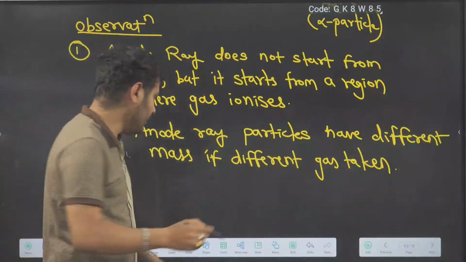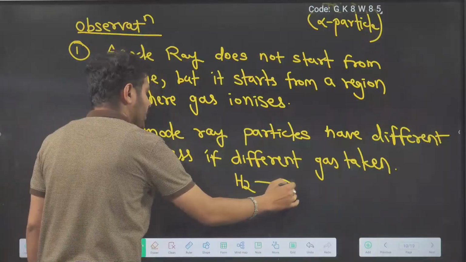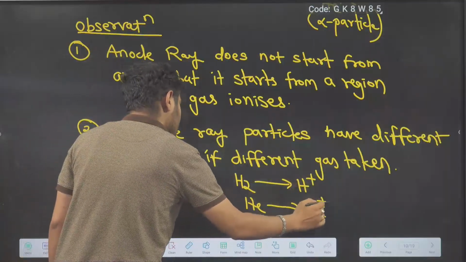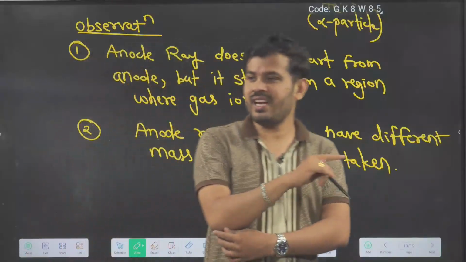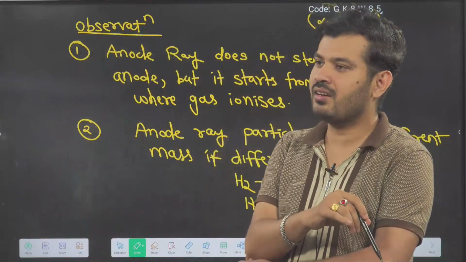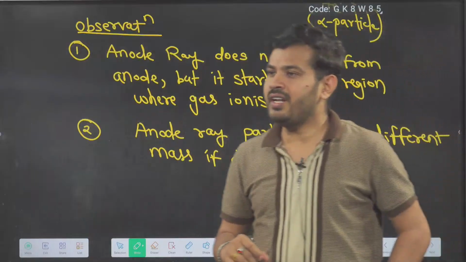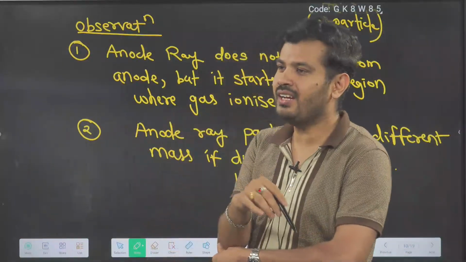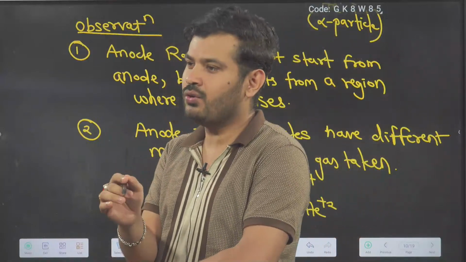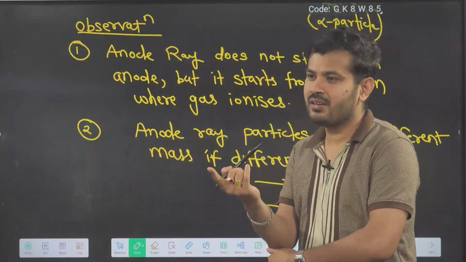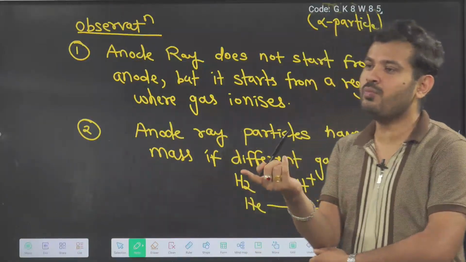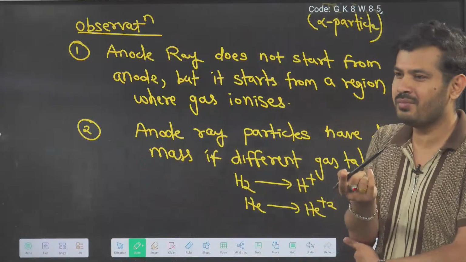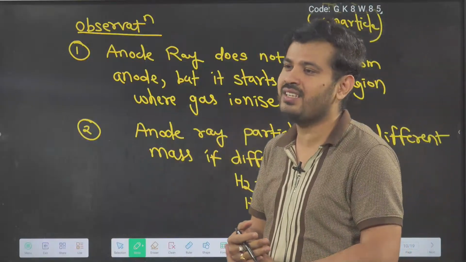Like I told, if you are taking H2 gas, it will form H plus. If you are taking helium gas, it may form helium 2 plus. That means what? Do you think H plus and helium 2 plus both have the same mass? Sir, if you take oxygen, then which ion will be present? I told already, oxygen may convert into O plus, O2 plus, or O 2 plus, whatever it may be. But the O2 molecular ion will not be that possible, reason being the bond may be dissociated easily.